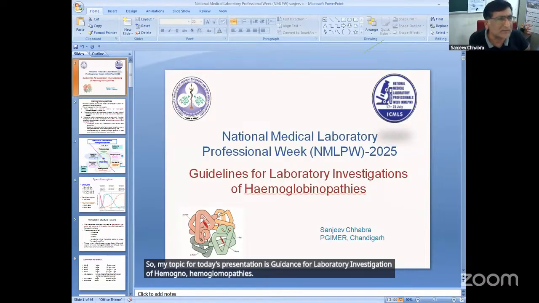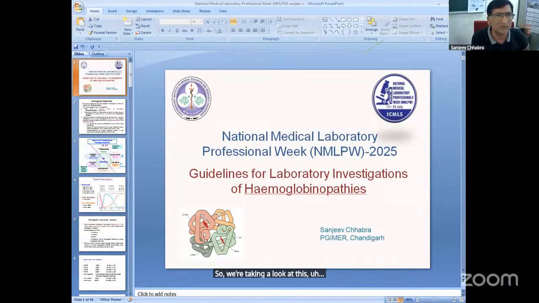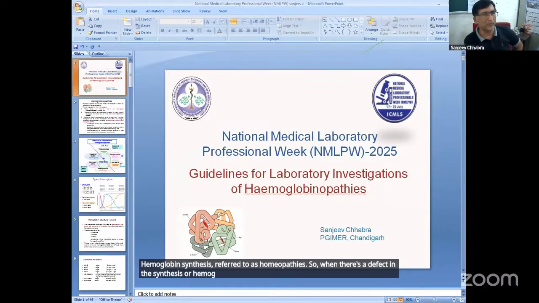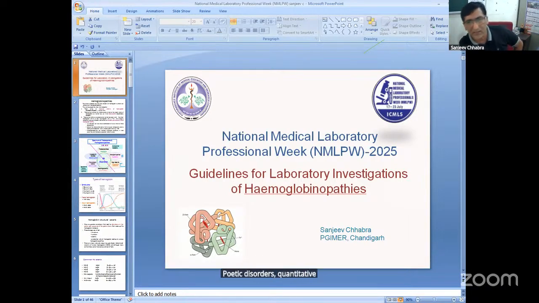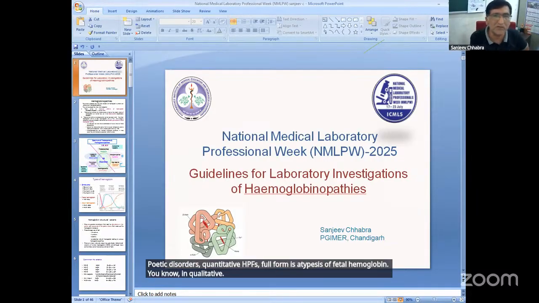So what are hemoglobinopathies? These are syndromes resulting from disorders of hemoglobin synthesis. When there is a defect in the synthesis of hemoglobin, this is called hemoglobinopathies. We can categorize them in three parts, basically: qualitative disorders, quantitative disorders, and HPFH, whose full form is hereditary persistence of fetal hemoglobin. In qualitative disorders, these are structural variants of hemoglobin.